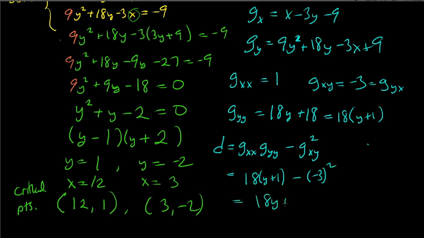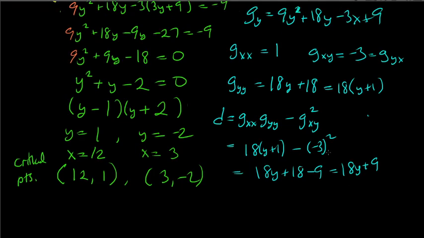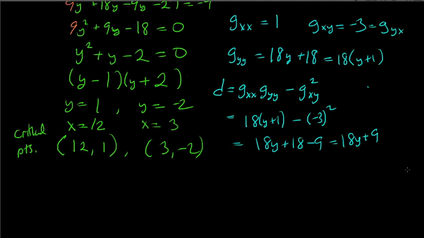Well, that's just 18y plus 18 minus 9. So 18y plus 9. Make sense? All right, so that's our d. Again, it happens to just depend on y. But in general, it could depend on x or y, or both.